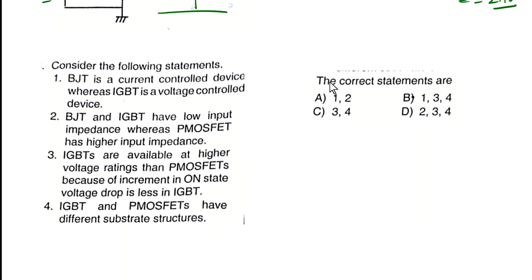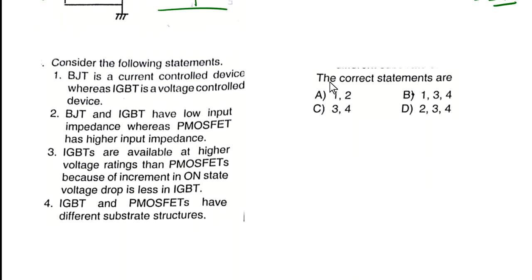And next question, consider the following statements. BJT is a current control device and IGBT is a voltage control device. So first option, we know that BJT is a current control device, whereas IGBT and MOSFET are voltage control devices. So first option is correct.